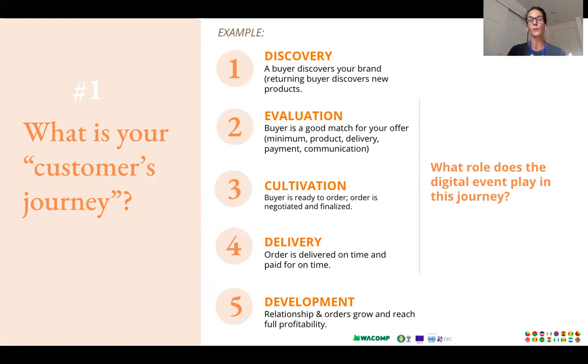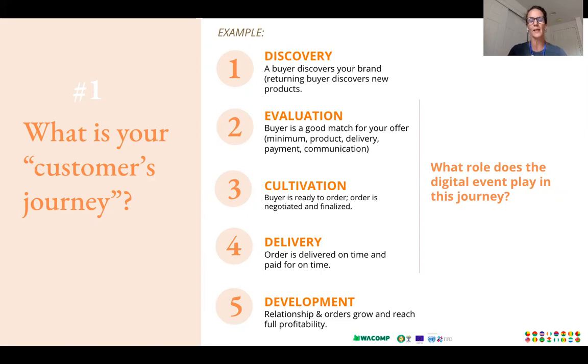Third stage is cultivation. So the buyer is placing an order, the order is negotiated, finalized. Delivery is the 4th phase, which is where the order is delivered on time and paid for on time. And then development, that's where the relationship really starts to grow.